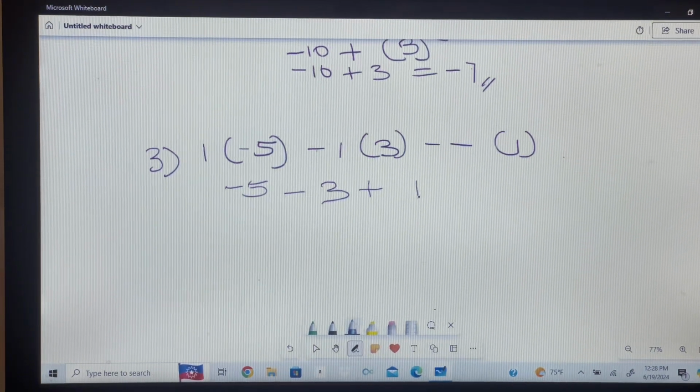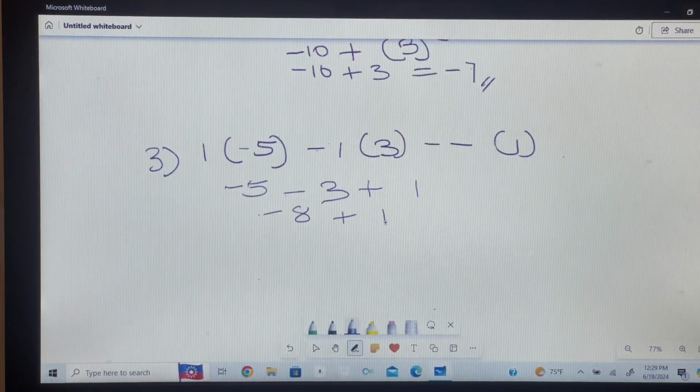So we have negative 5, negative 3. First of all, we apply the first rule: when you have two numbers that are alike, you keep the sign and add the numbers. So negative 5 minus 3 is minus 8, because you keep the sign and add the two numbers.